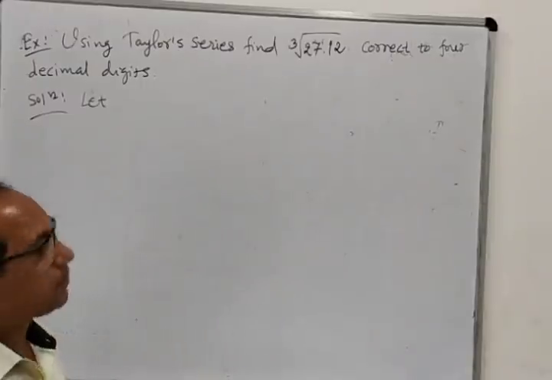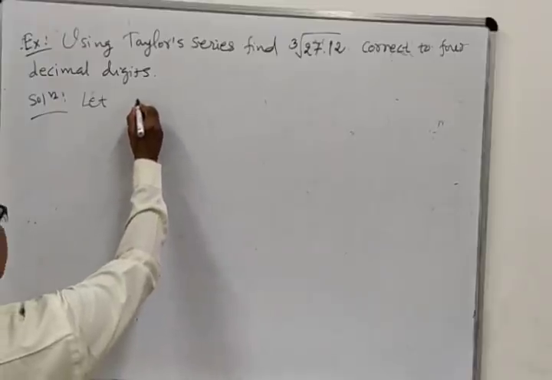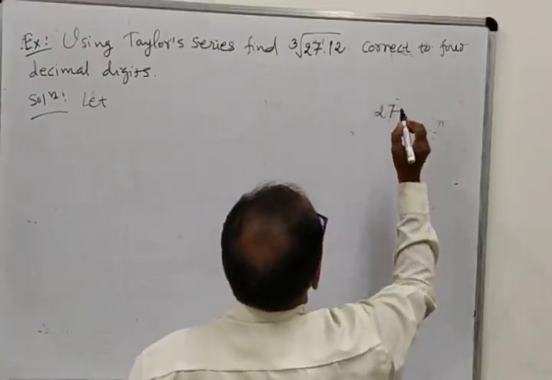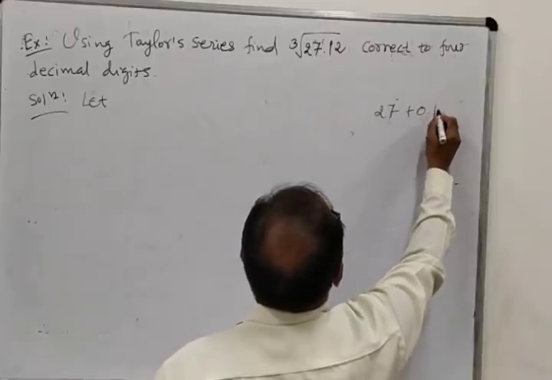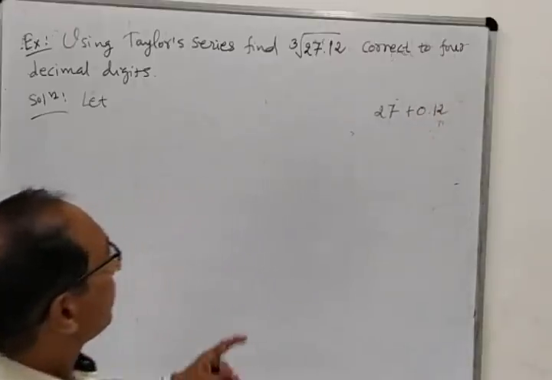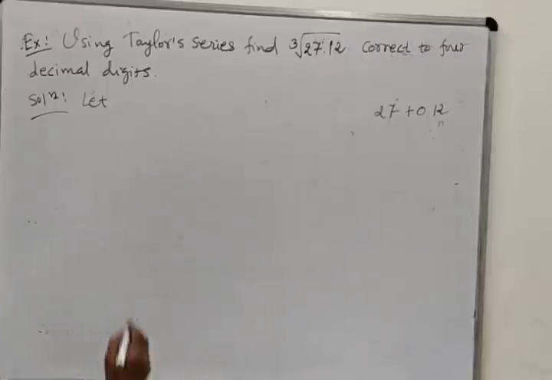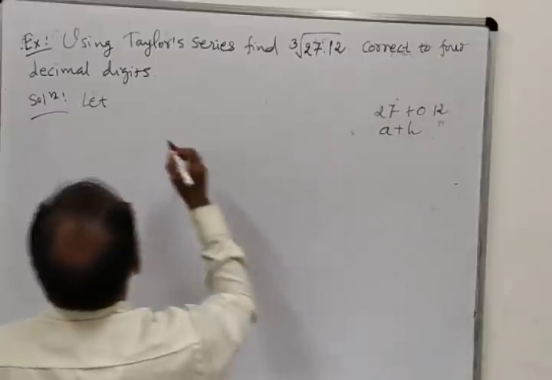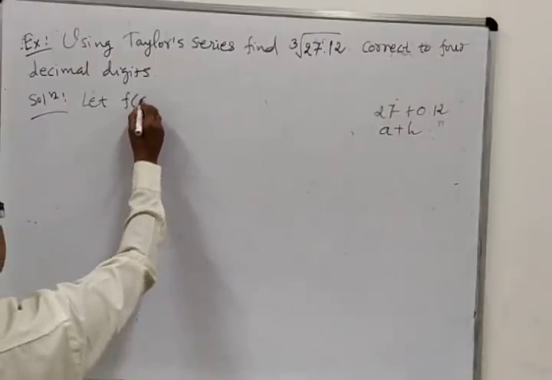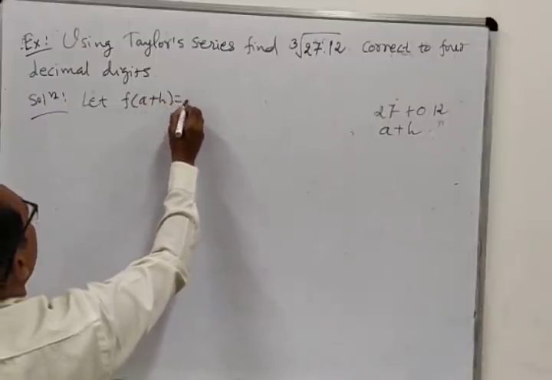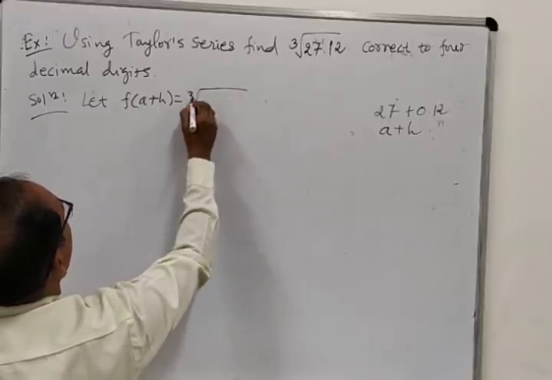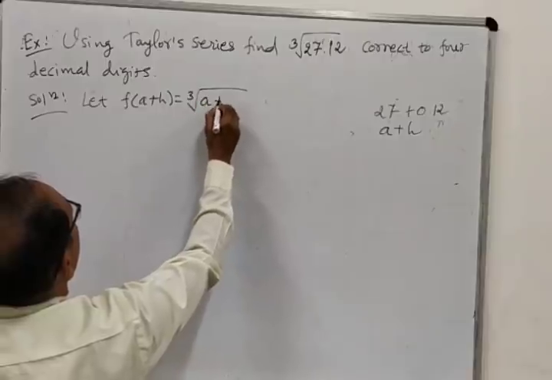So, because the cube root of 27 is available, there is an extra term of 0.12 in this one. So actually this is nothing but in the form of a plus h. So we will assume the function, let f of a plus h equal to cube root of a plus h.